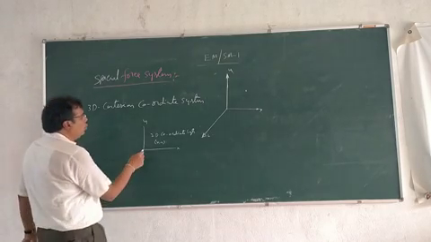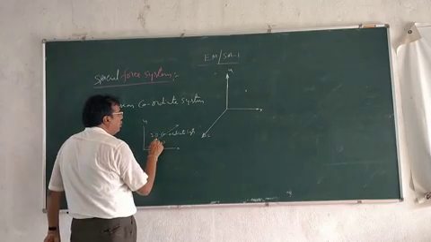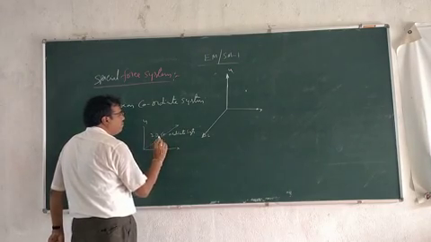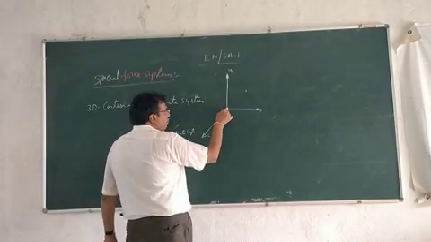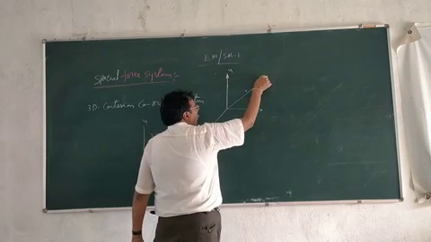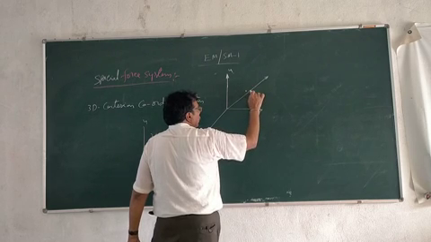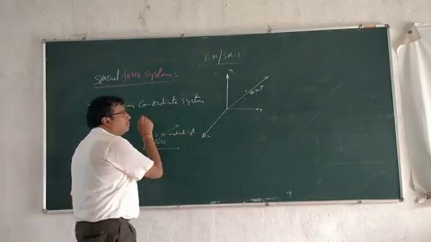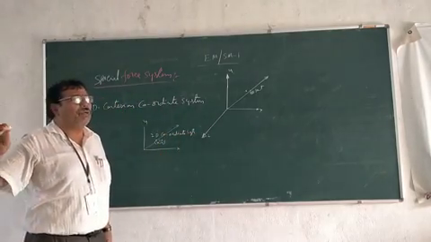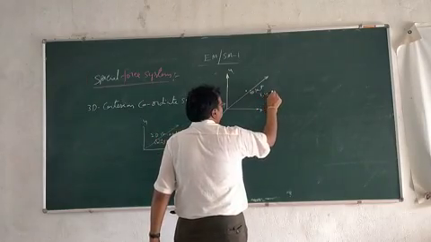All coplanar forces pass through two-dimensional points only, 2D points. Every spatial force passes through a three-dimensional point. A 3D point has three coordinates: x coordinate, y coordinate, z coordinate.